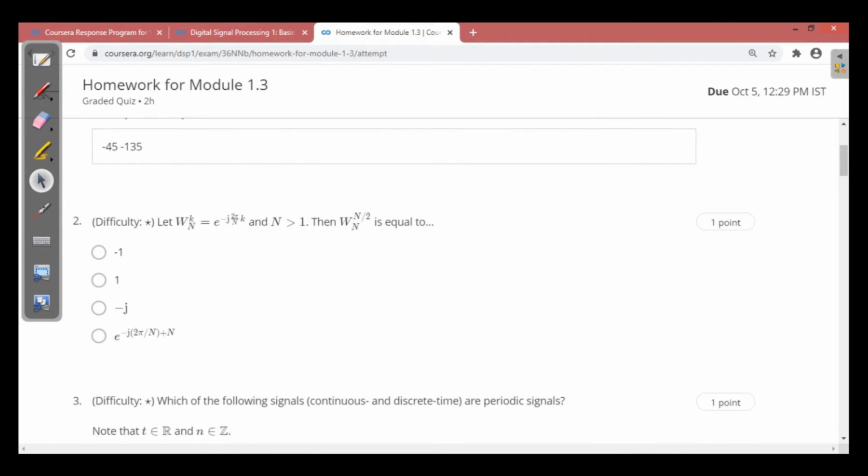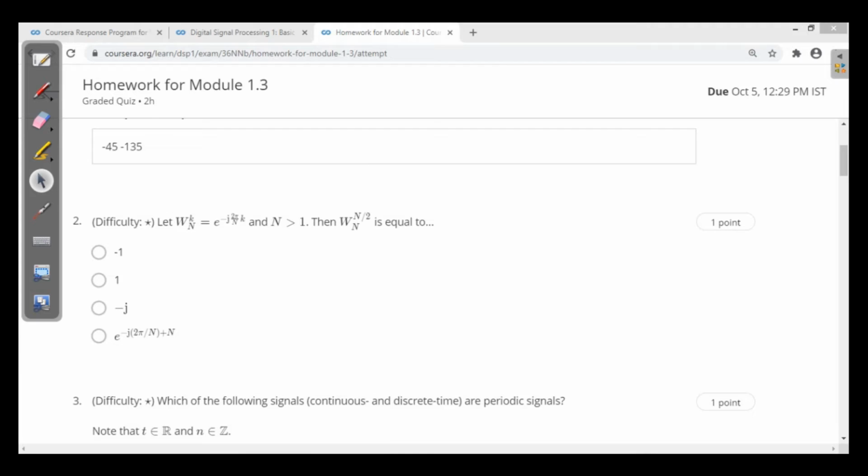Now the second one: let the twiddle factors, W_N^k, be e^(-j2π/N · k), and N is greater than 1. Then W_N^(N/2) is equal to what? Okay, let's see.